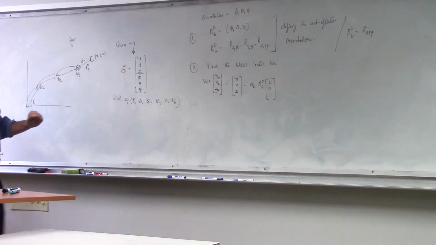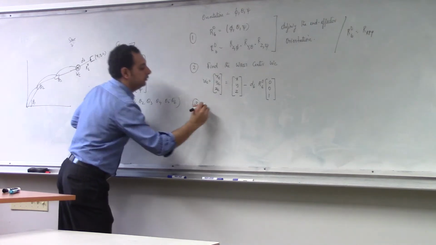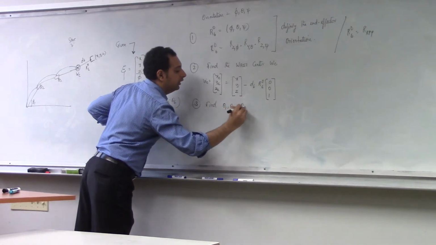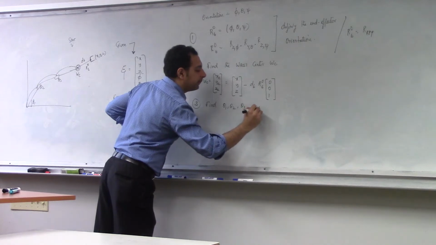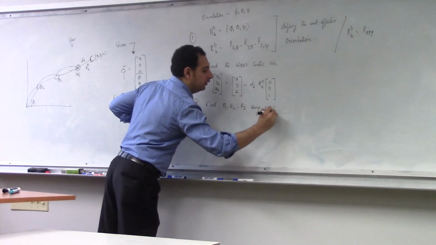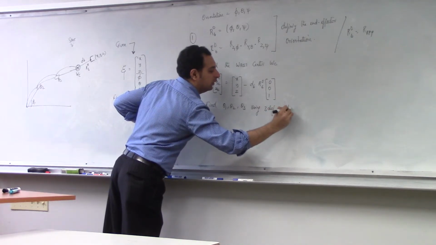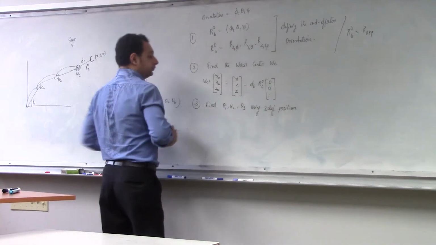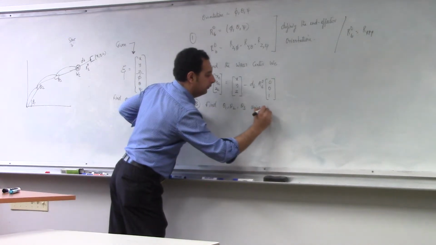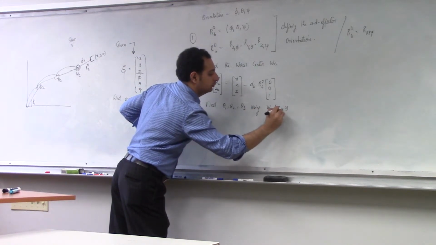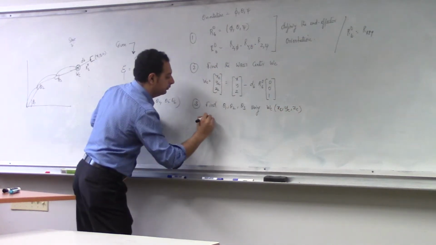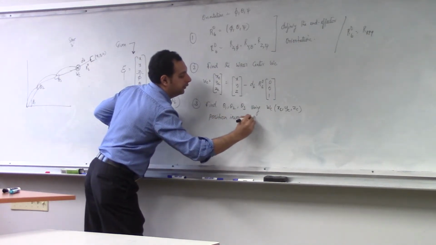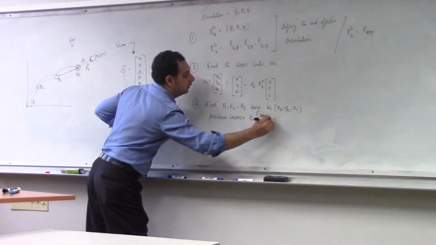So once you calculate the wrist center, find theta 1, theta 2, theta 3 using the 3DOF position solution.